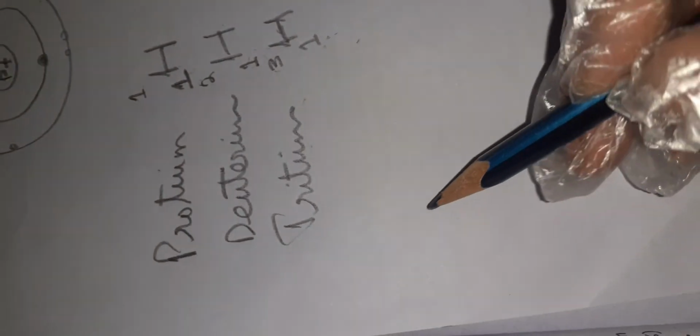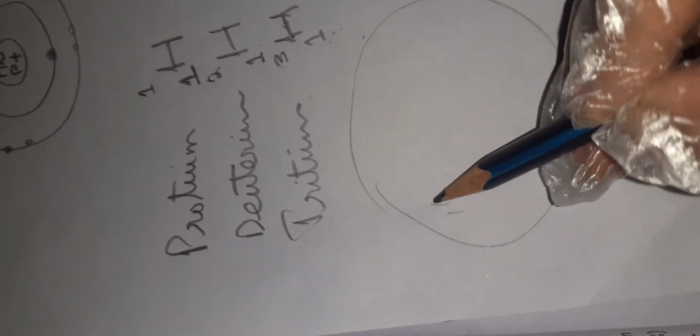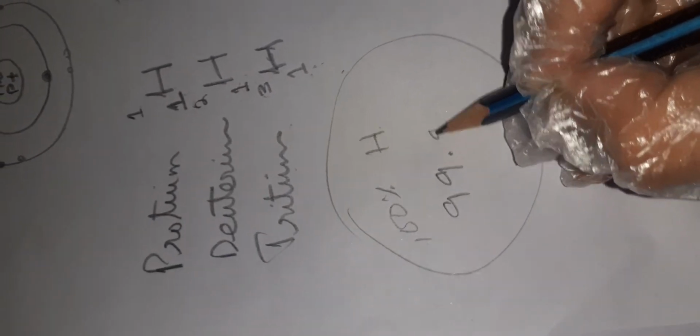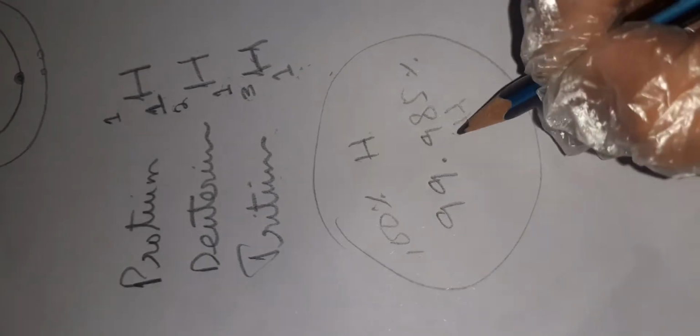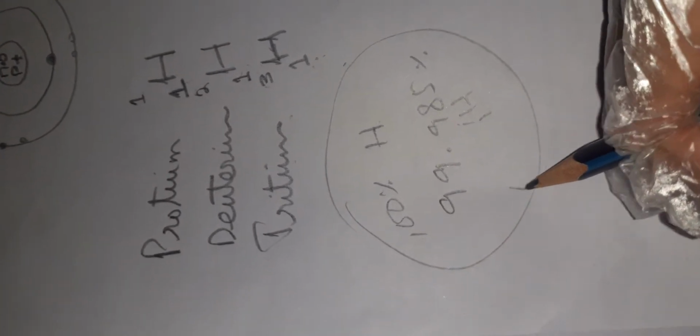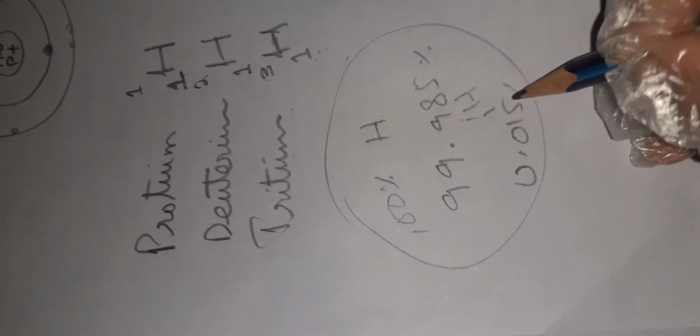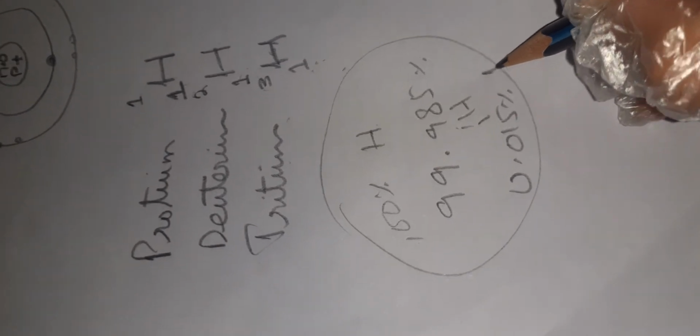For example, if in the atmosphere we have 100% of hydrogen, so in this hydrogen, 99.985% we do have protium, whereas 0.015% we have deuterium. Right? And tritium is found in a rare percentage. That's why they haven't shown anything.